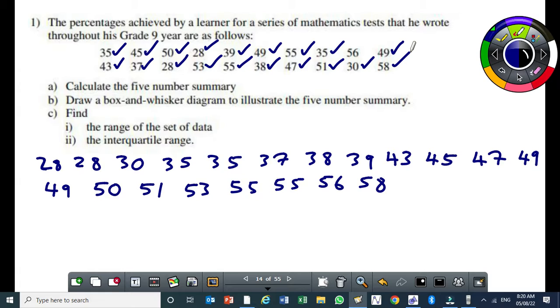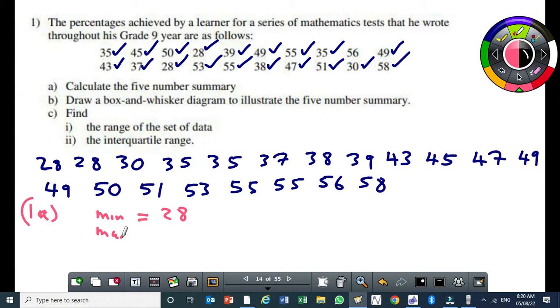Okay, so let's determine our 5-number summary. So we are answering 1A. Okay. So 1A, our minimum is 28. Minimum is 28.